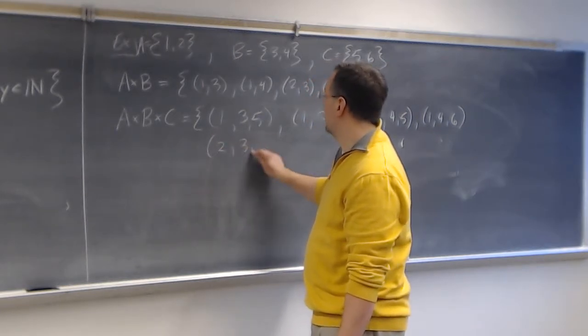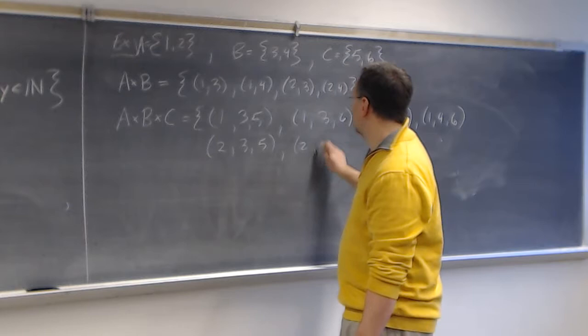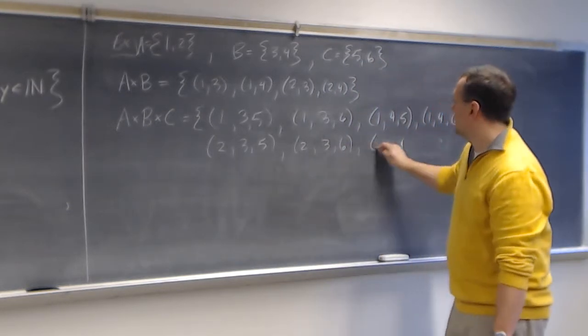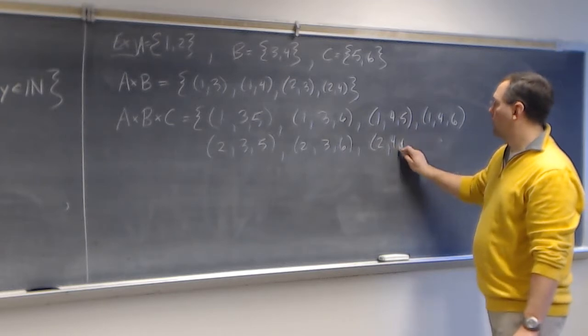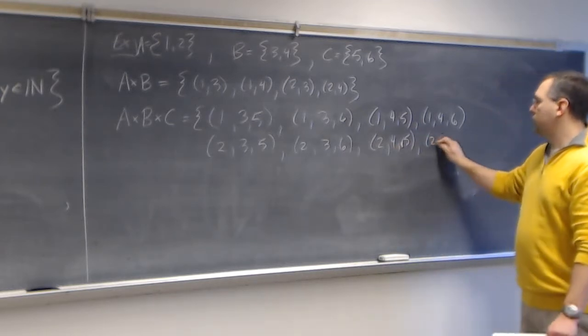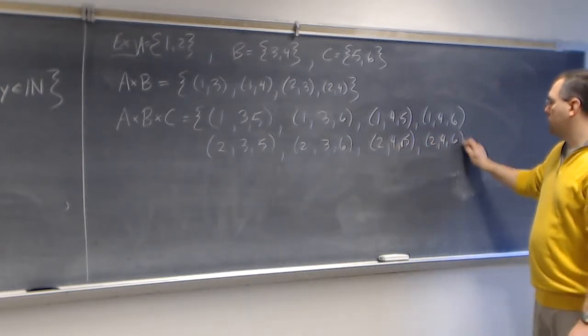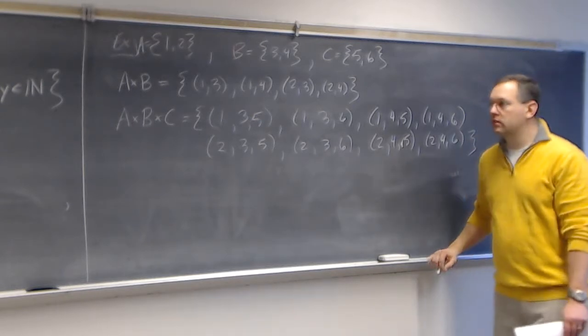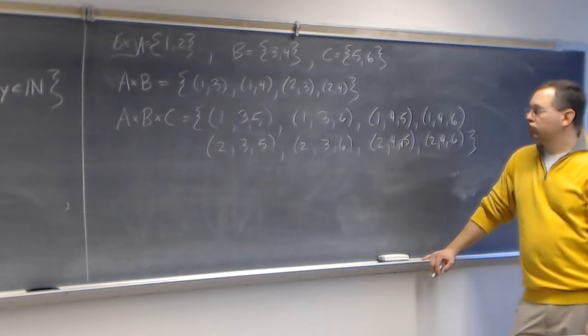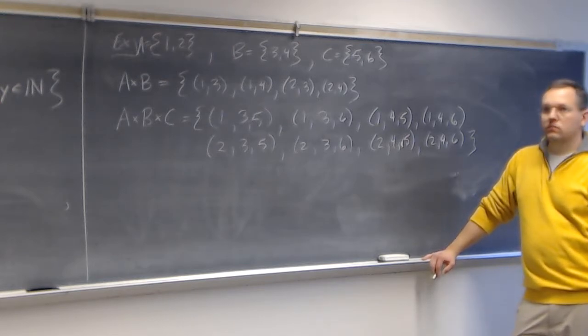So (2, 3, 5), (2, 3, 6), (2, 4, 5), and (2, 4, 6). Okay, we got 8 points, must be all of them. Any questions?